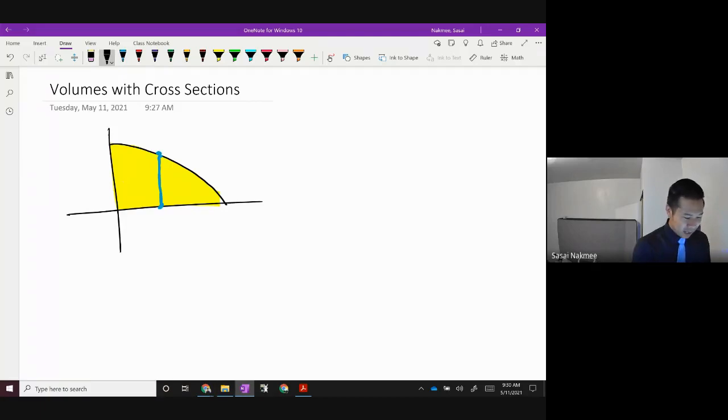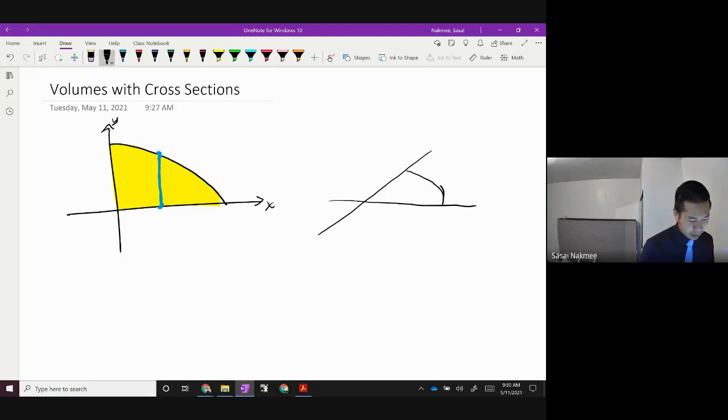But it's a little hard to see. My 3D drawing skills are terrible, so I'm going to try my best to get you to see this. This right here is my y-axis. This right here is my x-axis. I want you to imagine a square popping out of that. Let me try this again.